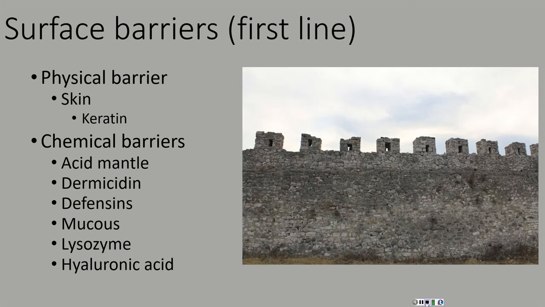And this is because of things like sweat, oil secretions, and various other secretions that all lower the pH. And low pH is antimicrobial. Things do not like to grow in an acidic environment.